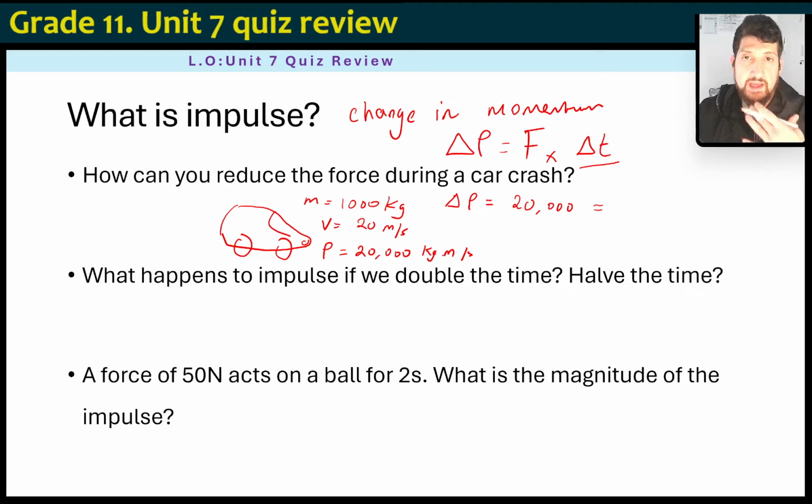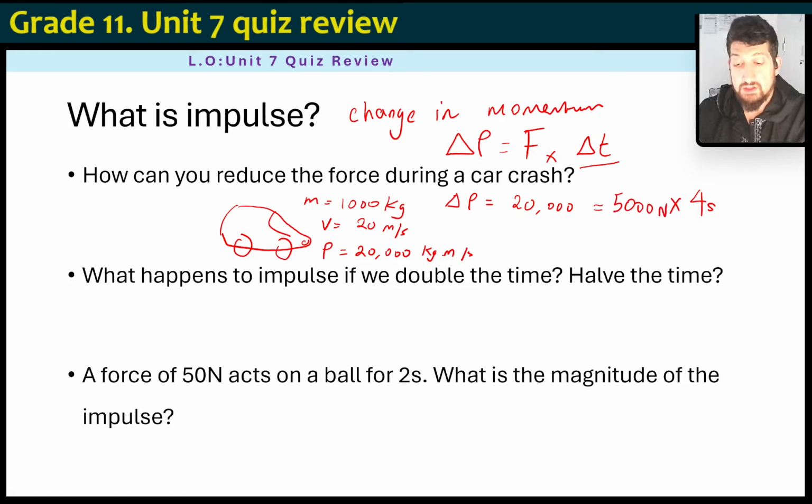So we've got airbags, we've got crumple zones, we've got things that are going to absorb that crash, so it's going to slow it down a bit. So let's say instead of 1 second, now the time is 4 seconds. That means suddenly the force is going to be 1/4 of what it was. It's going to be 5,000 newtons.